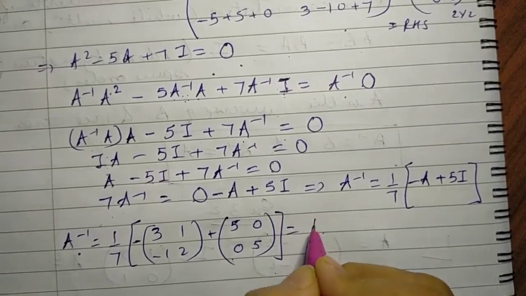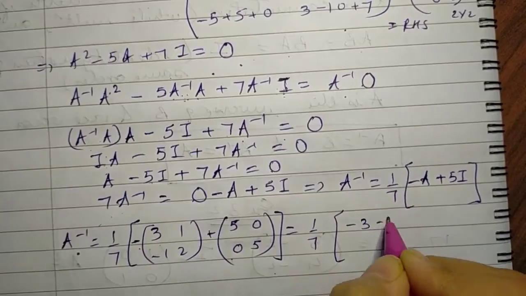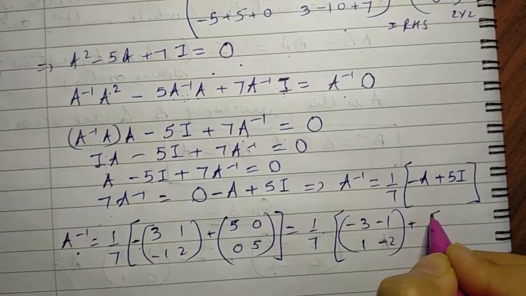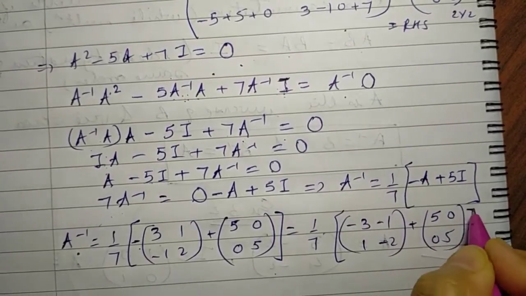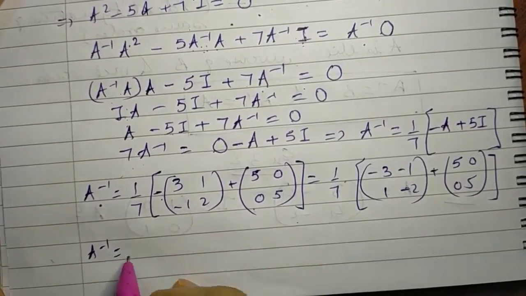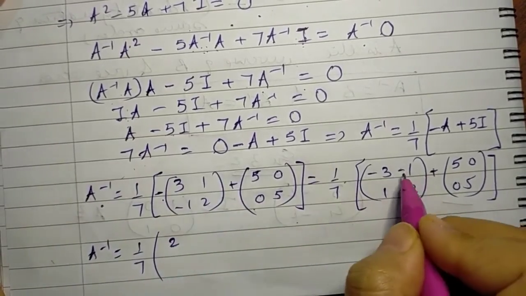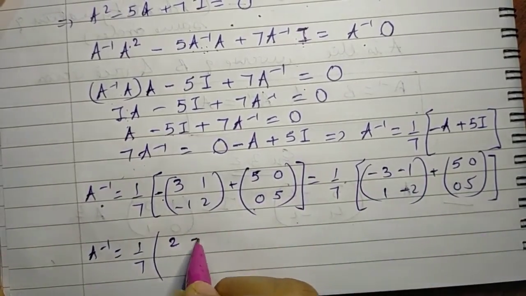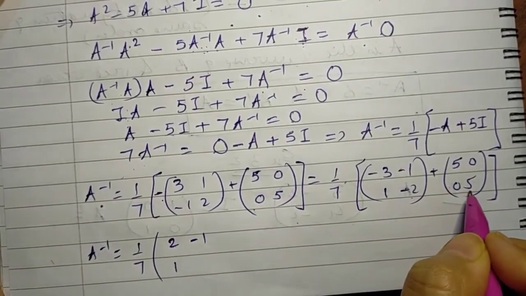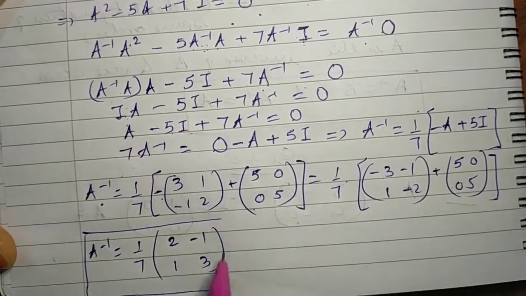And so what we get is 1 upon 7 times, either you write it as minus 3, minus 1, 1, minus 2 plus 5, 0, 0, 5, which on solving gives us A inverse equal to 1 upon 7. Now minus 3 plus 5 is 2. Minus 1 plus 0 is minus 1, 1 plus 0 is 1, and minus 2 plus 5 is 3. And so the inverse of this matrix is this.